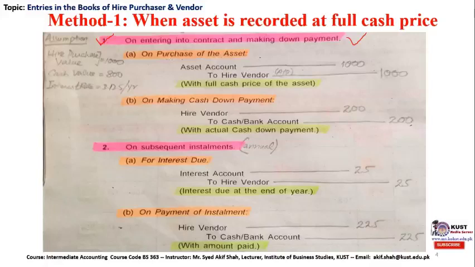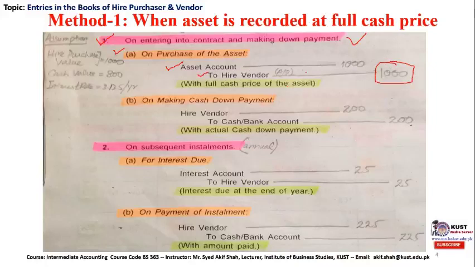On purchase of assets, the hire purchaser will debit the relevant asset account by 1000 rupees, as we have assumed that the hire purchase value is 1000, and the hire purchaser in its books of account will credit the hire vendor account with the same amount due, which is 1000 rupees.